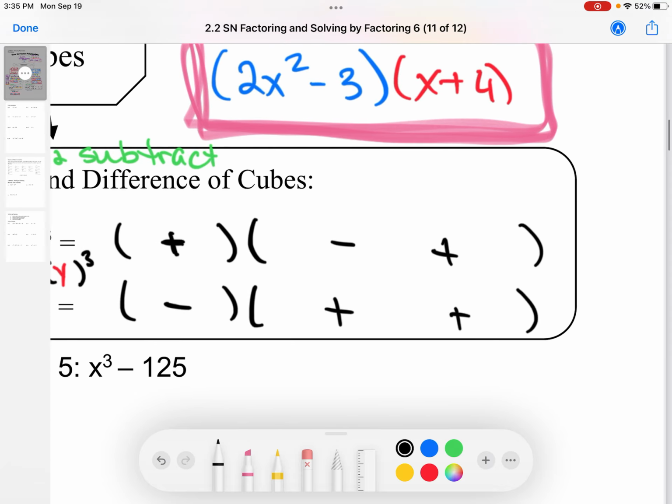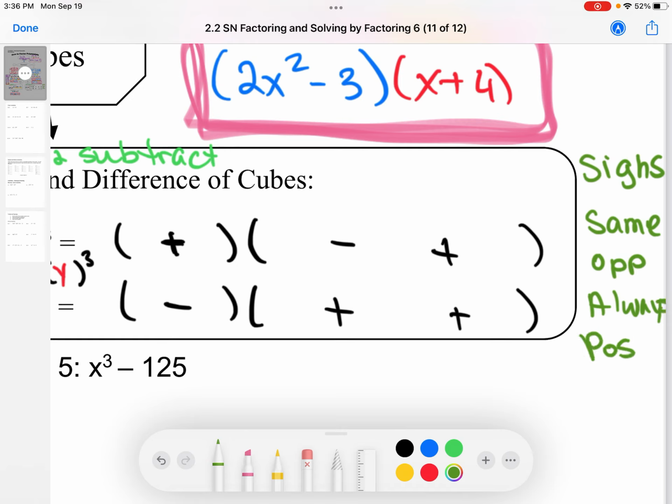Now, there's a way to remember the signs. I know all we have in here is the signs, but there's a cute little way we can remember the signs for those cubes. The first one is the same as in the original problem. The second sign is opposite from what's in the original problem. The last one is always positive.